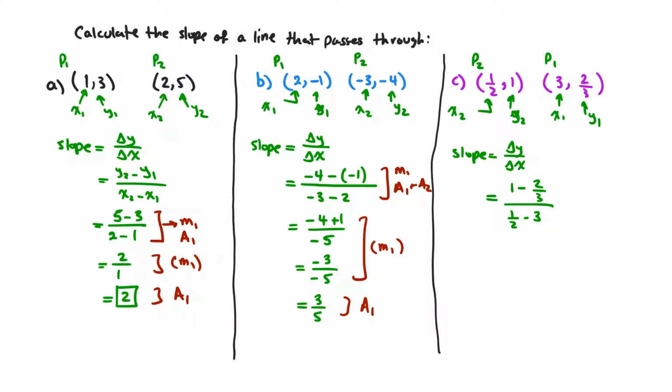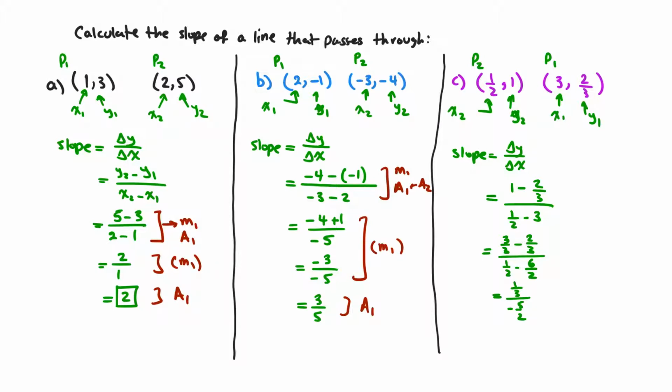You can already see that this one is a little bit more involved in terms of steps. So here I'm going to get a common denominator: 3 over 3 minus 2 over 3, and 1 over 2 minus 6 over 2. And I will end up getting 1 over 3 divided by negative 5 over 2.